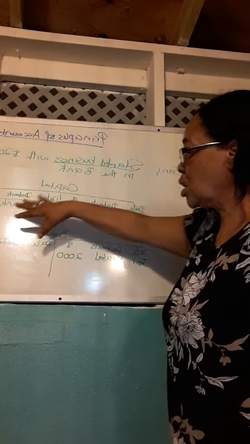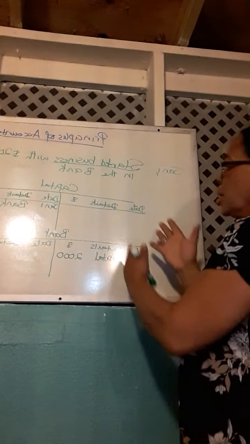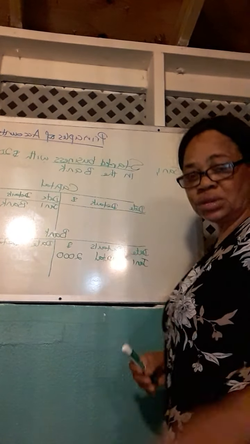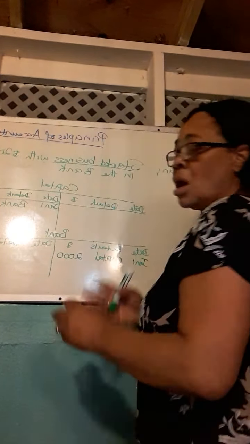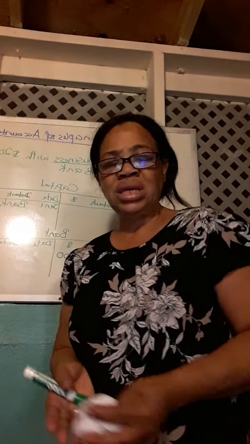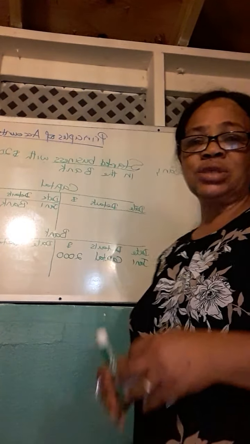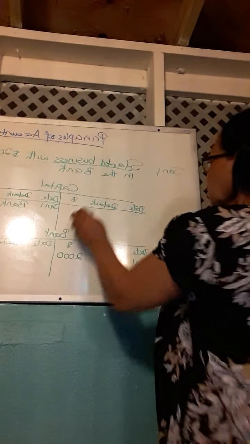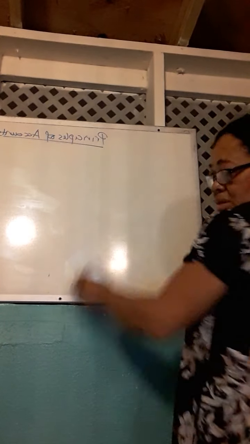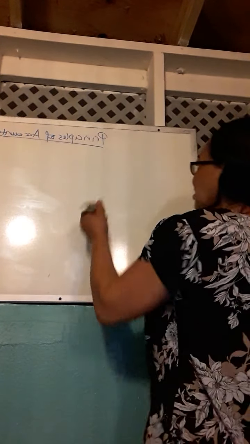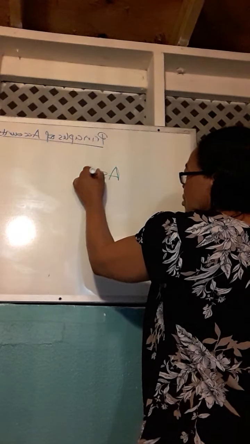So this was just an outline of how to set up my double entry accounts. Now let's go to the rule as to how do I know what to increase and what to decrease, hence what to debit and what to credit. So let's take this off and let's go back to clean. As I said, assets.